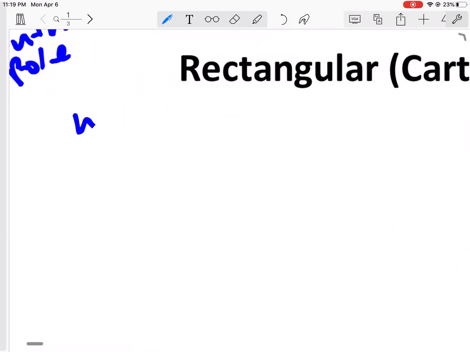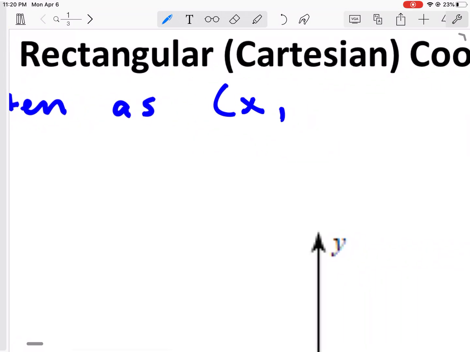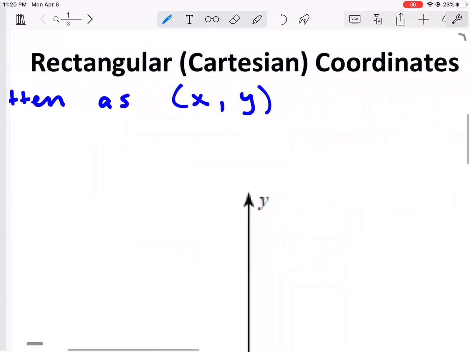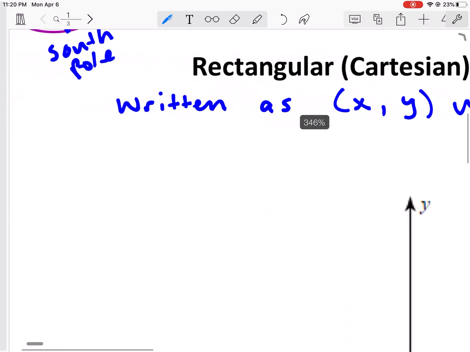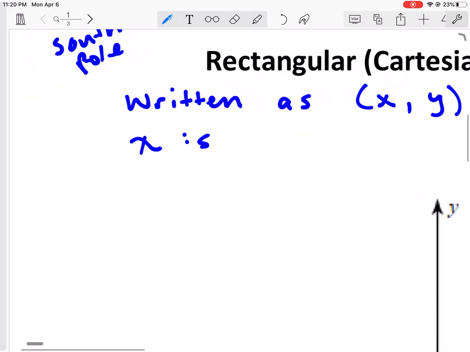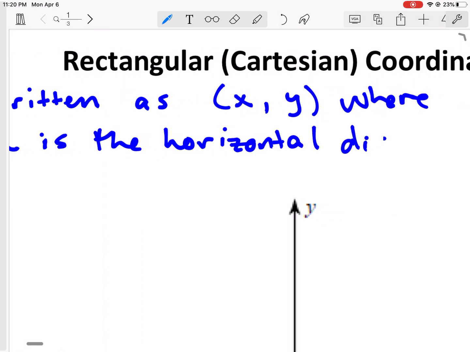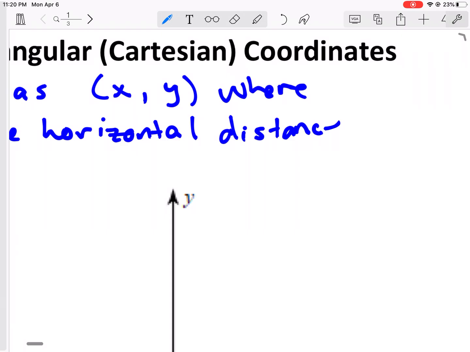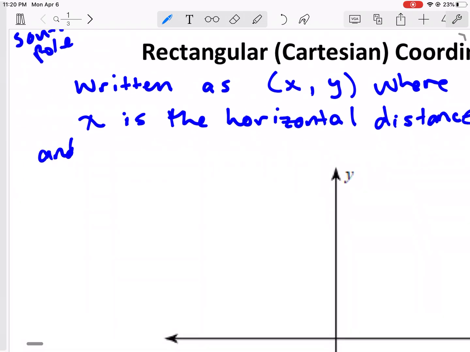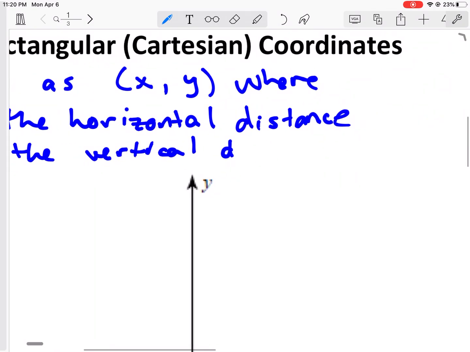So these are written as x, comma, y, which we know, where this x value is the horizontal distance and y is the vertical distance from the origin.